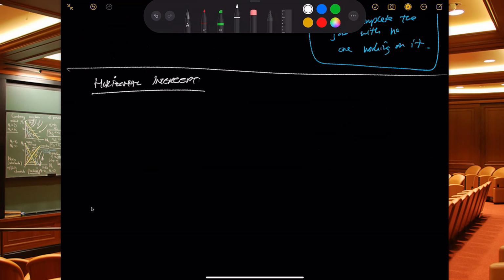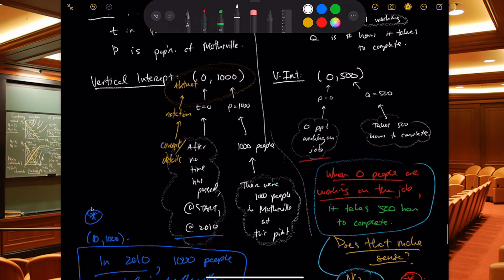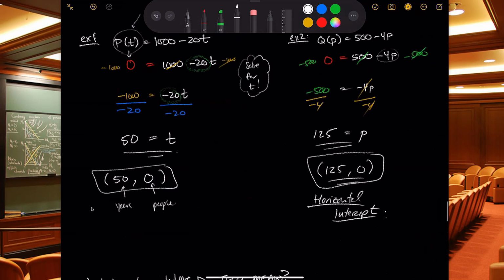On the horizontal axis, this is when the output equals 0 and the input equals some value. So for example 1, we saw the horizontal intercept for P of t was what? We had it at 50.